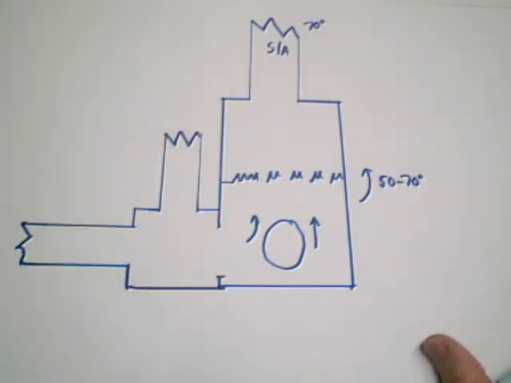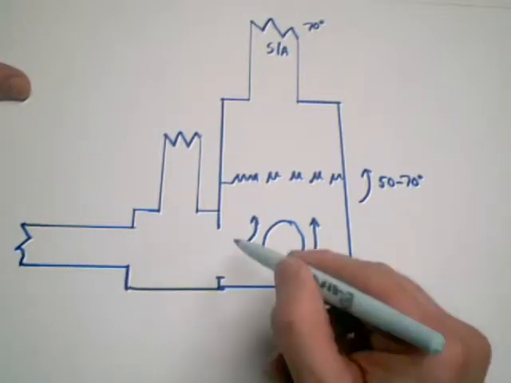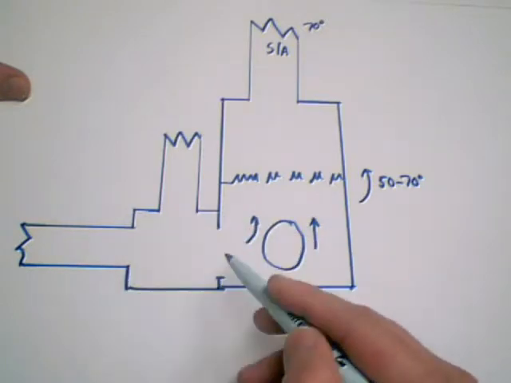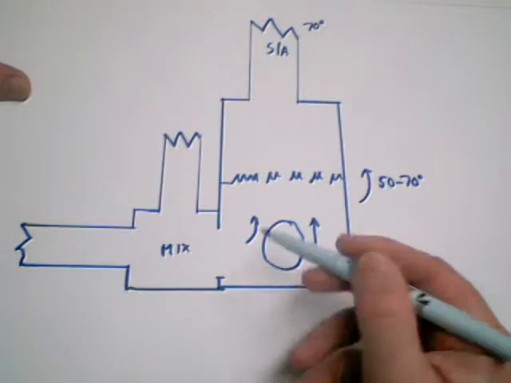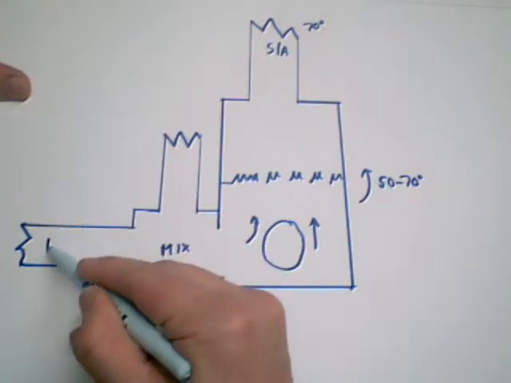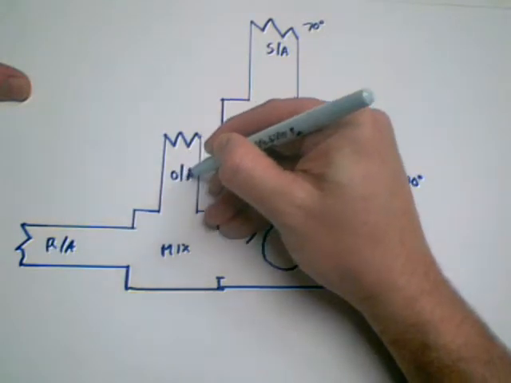If we kind of slide this away, we actually have a little bit more to a commercial furnace because we're required to bring in fresh air or outside air and mix that in when there's people in the building. So what we actually do is add on to the side here a mixing box, and it's just a simple steel box that has the return air still coming in off the side, but then we bring in outside air.